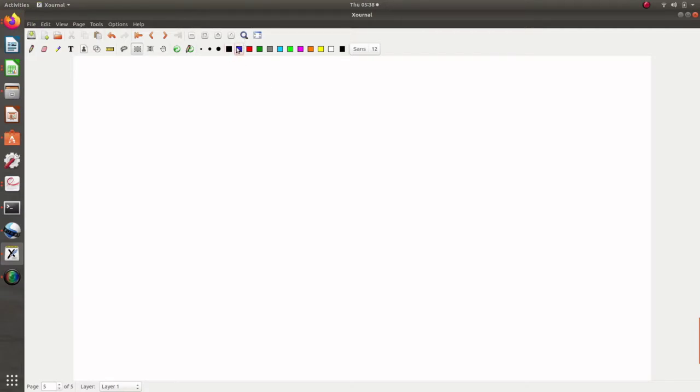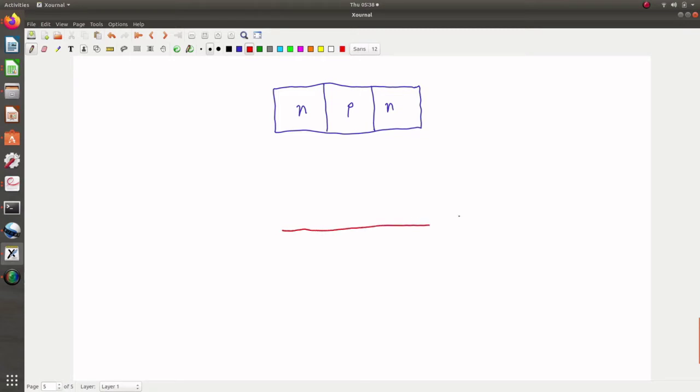Consider the NPN transistor. We know two PN junctions are combined to form the NPN transistor. We have two junctions for the BJT, a junction formed between N and P and another junction formed between P and N. And at equilibrium, we know we have a constant Fermi level, and the band diagram will be of this fashion.